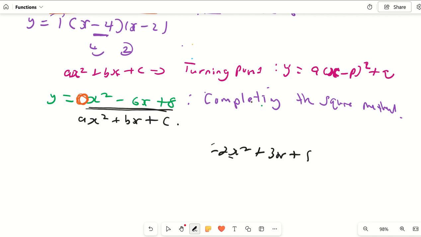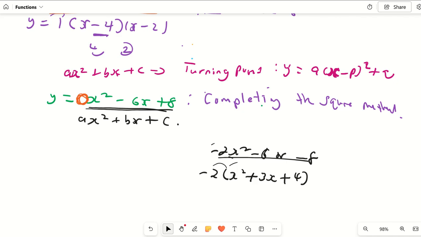Let me show you to make it easy to grasp. You're going to factor out the 2 and have x squared plus 3x plus 4, such that if you multiply out, you still go back to the original. Once you make sure that this is 1, you can go ahead with the completing the square method.